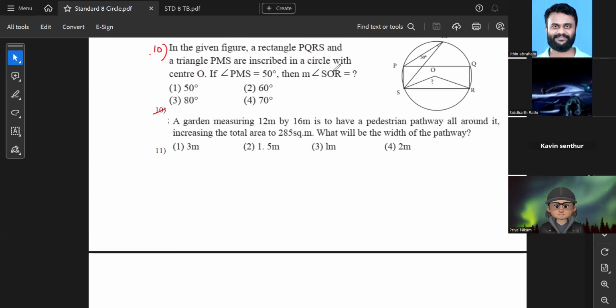In the given figure, a rectangle PQRS and a triangle PMS, so this is M, are inscribed in a circle with center O. Angle PMS is 50. Angle SOR will be how much?